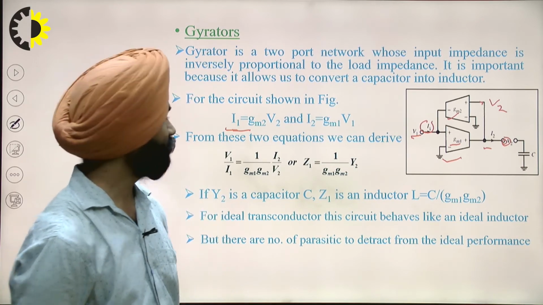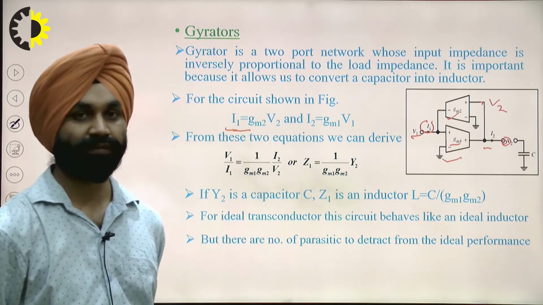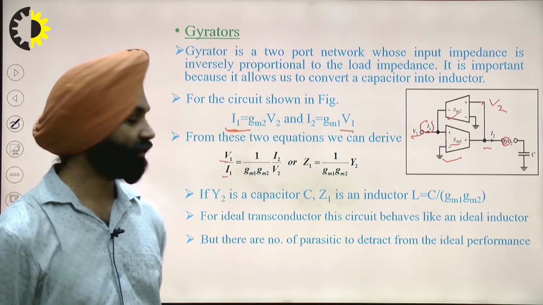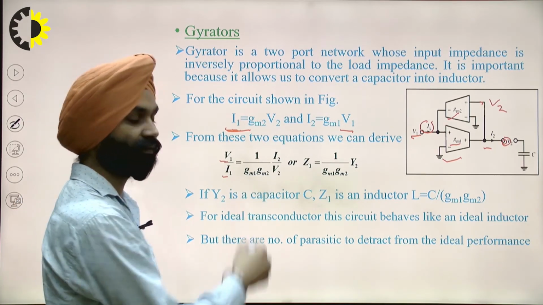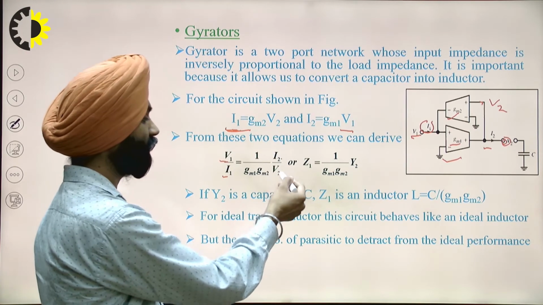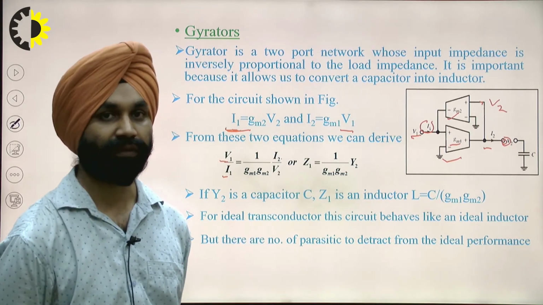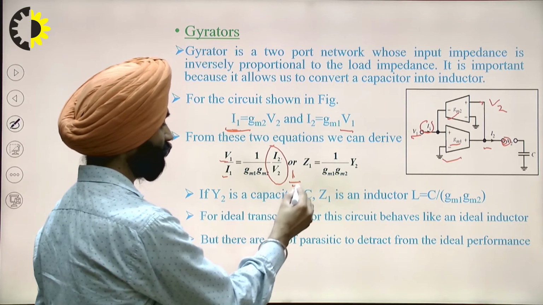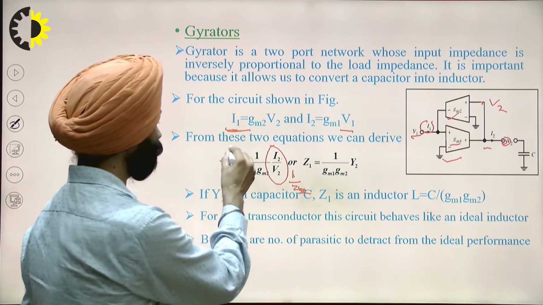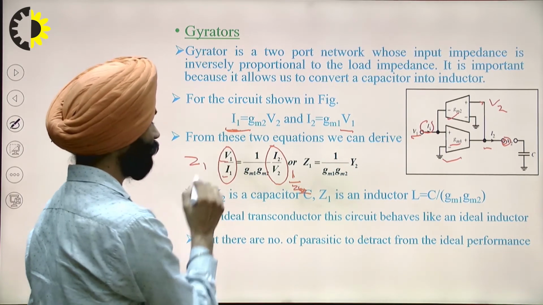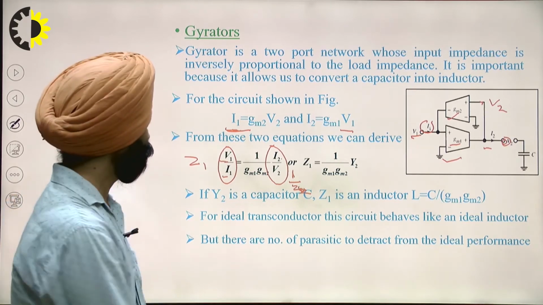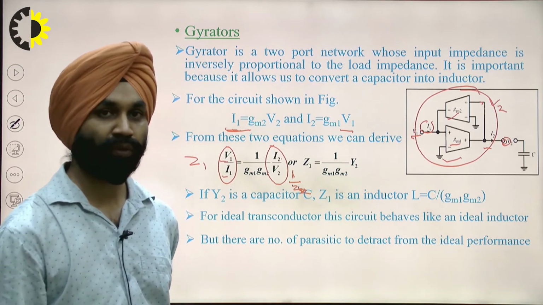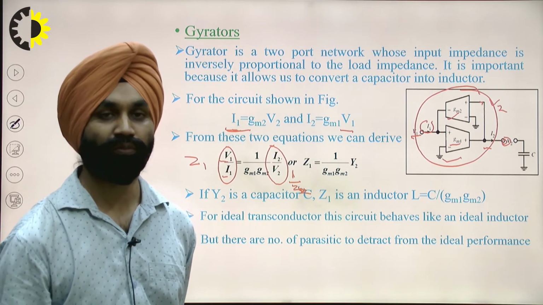Now, from these two equations, if you take the ratio, I have I1 by V1 equal to 1 upon GM1 GM2 into V2 by I2. Now if I say this one is 1 by Z load, or Z2, and this is Z1, which is the input resistance, then the input impedance is proportional to the inverse of the load.